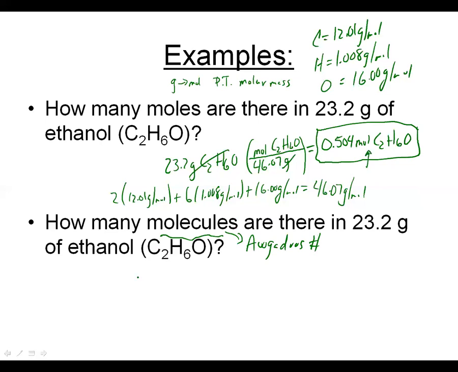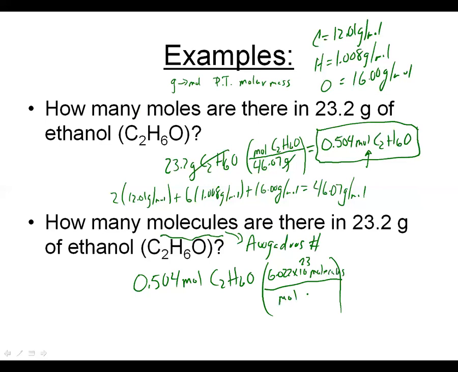So if we just take the number from the first part there, 0.504 moles of C2H6O, we could use Avogadro's number. In this case, it's going to go on top. The moles will cancel.